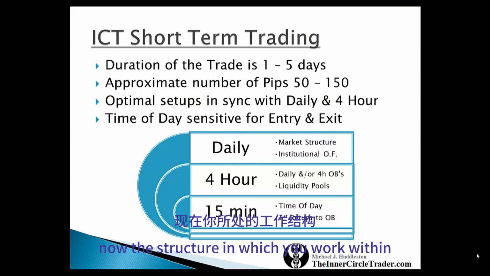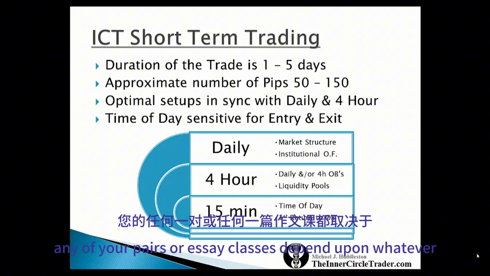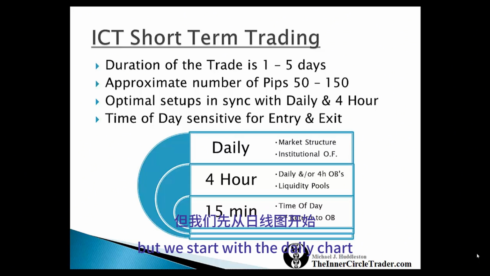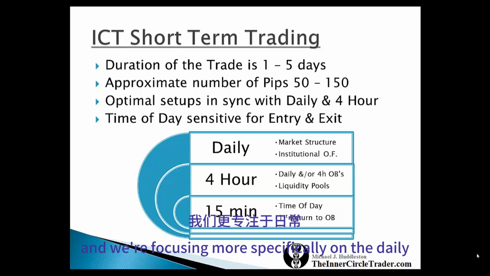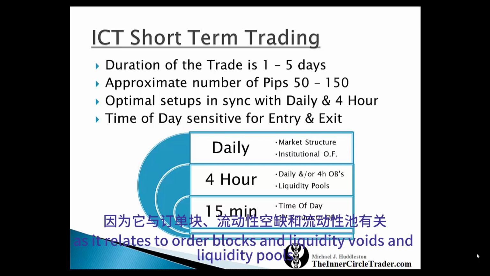Now the structure in which you work within to frame the ideas that you're either going to be buying or selling any of your pairs or asset classes, depending upon whatever market you're trading, because this is not limited to foreign exchange. But we start with the daily chart, and we're focusing more specifically on the daily for overall market structure, key support and resistance, and institutional order flow as it relates to order blocks and liquidity voids and liquidity pools.